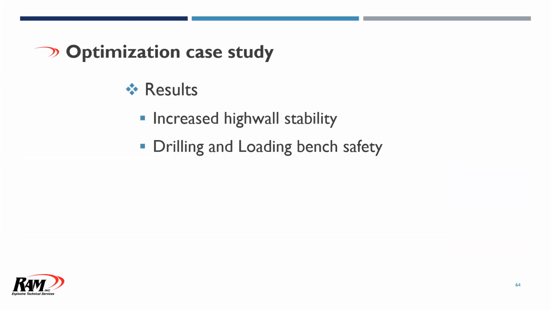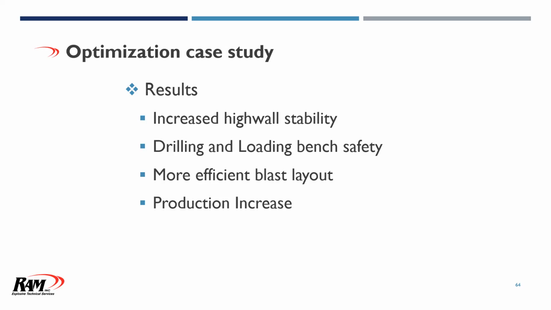Results: increased high wall stability, obviously drilling and loading much easier. We didn't have to constantly fight these faces that were a disaster. More efficient blast layout. They saw a definite increase in production and a significant decrease in the secondary breakage, where they had 3 HORAMs breakers down there running all the time.